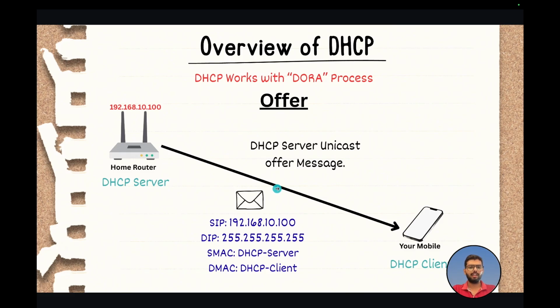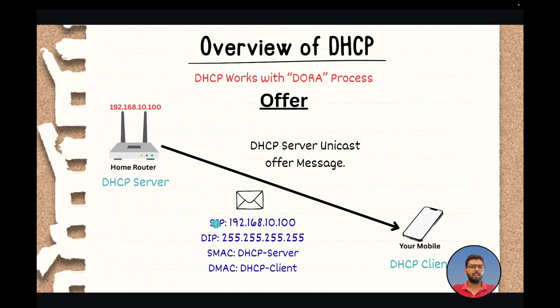Now in the offer phase, your home router where the DHCP server is running got the message that was broadcast by your mobile. It will process the packet and get to know that this is a DHCP discover packet. Then it will prepare a reply with all the details. We'll see what details this packet includes when we explore the packet formats.